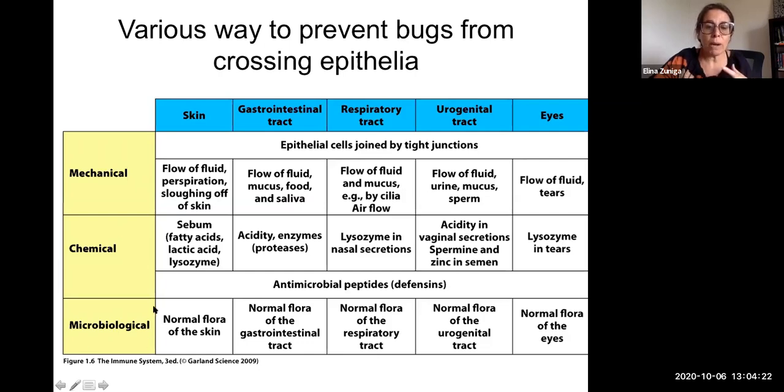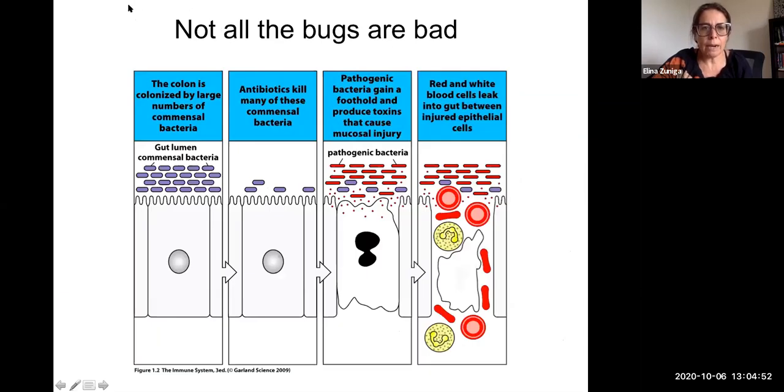And then we have the microbiological barriers. And again, in this case, it is also called normal flora, which is all throughout these surfaces in our body. And this is fascinating, and in the past years there has been an explosion of research into the microbiota, or this normal flora. And it became evident that not all the microbes and bugs are bad.